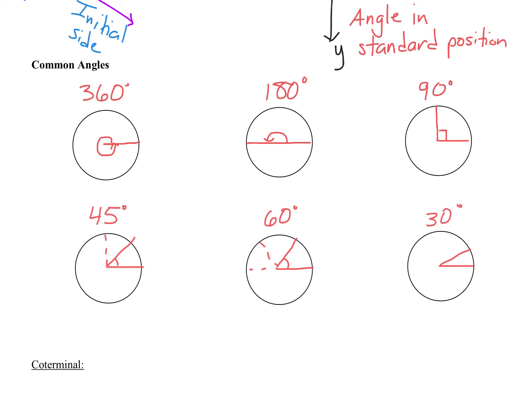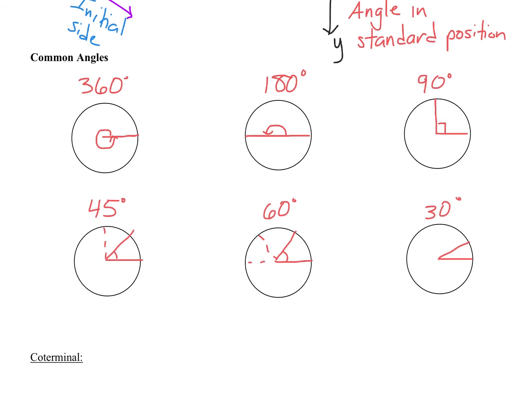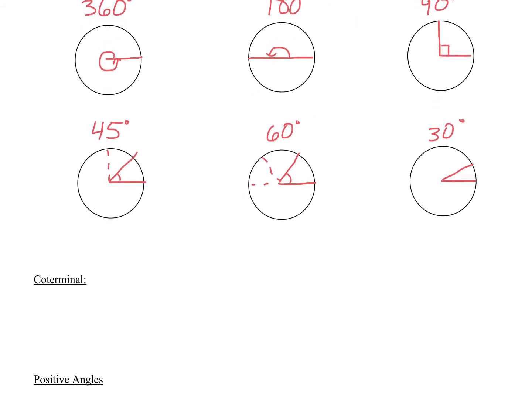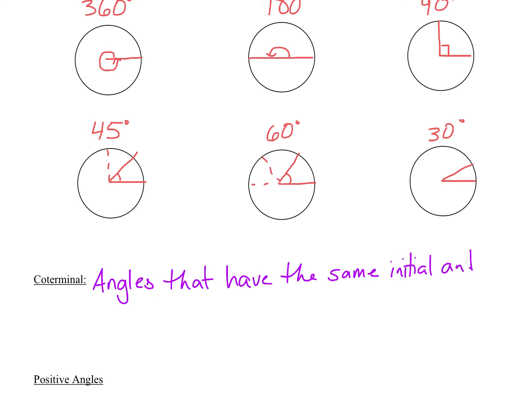All right, can I move on? Okay, so coterminal angles. So coterminal angles are angles that have the same initial and terminal sides.